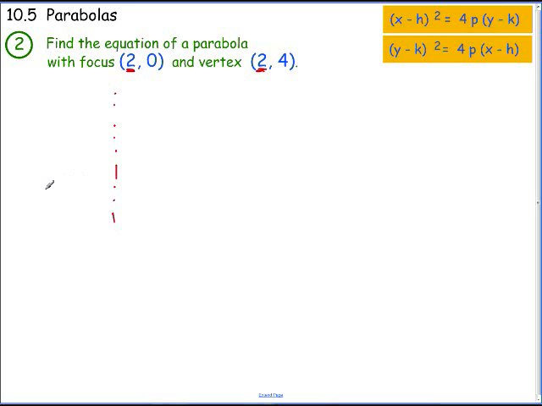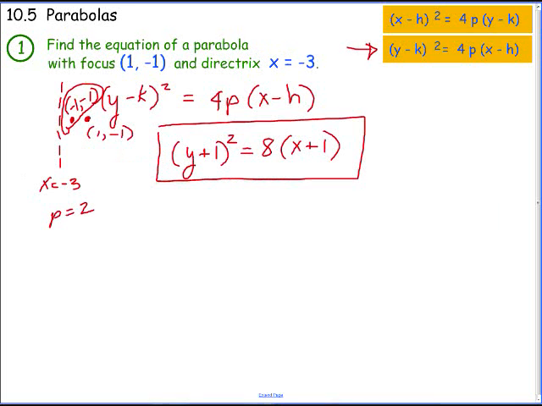So my directrix has to be going this way. I went back here because I realized I never sketched this, which might be useful to you to see it sketched.